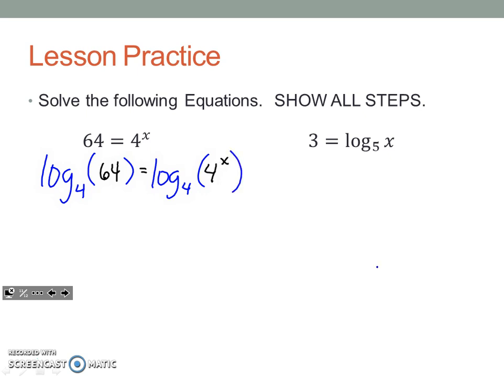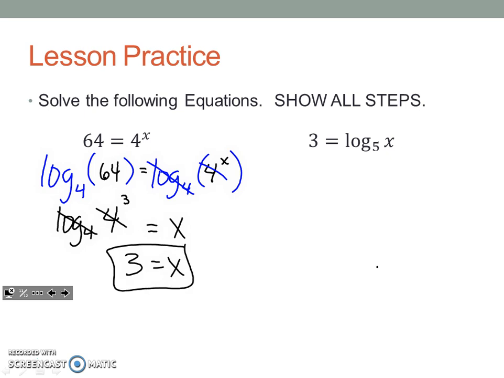I did that with their bases to match so that we could cancel here. That leaves me with just my x. Now I'm going to have a log base 4 of 4 to some power. So 4 to what power equals 64? That's 4 to the third power. So I find that x equals 3.